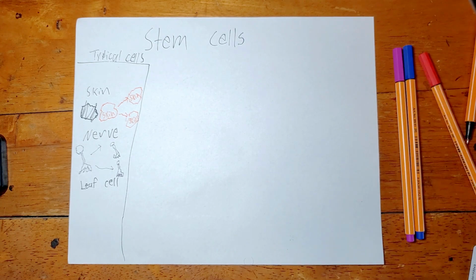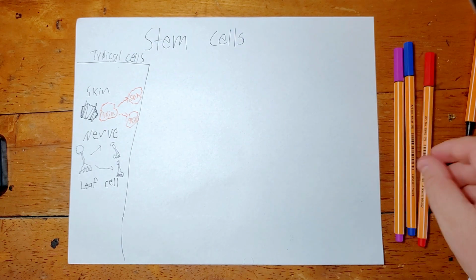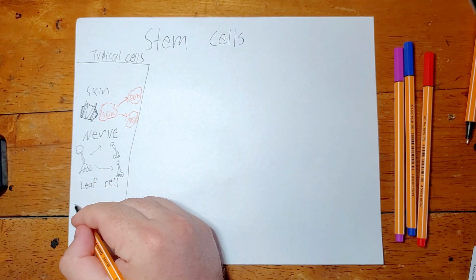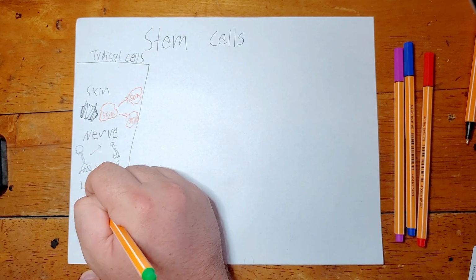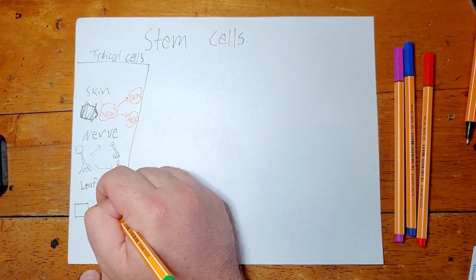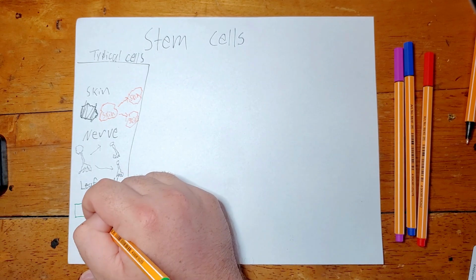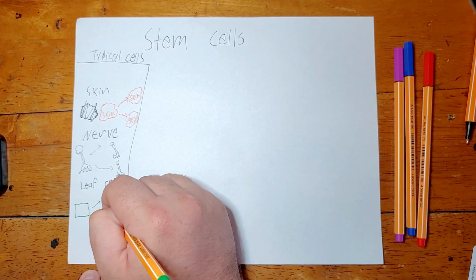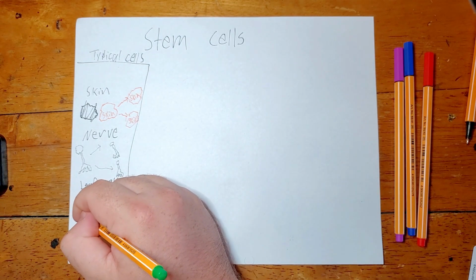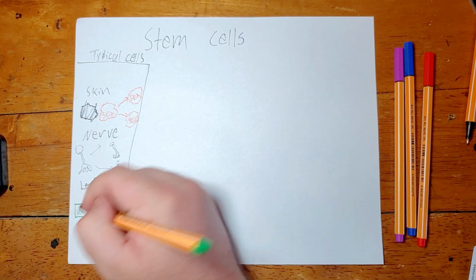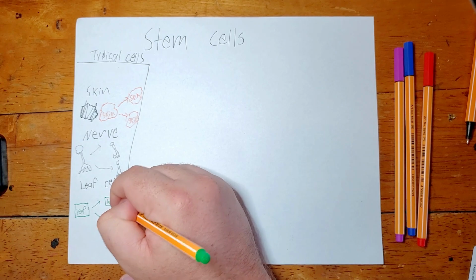If you are a leaf cell, leaf cells are nice and square. If you're a leaf cell and you divide, you're going to make two brand new leaf cells. So we got a leaf here, and two brand new leaf cells.